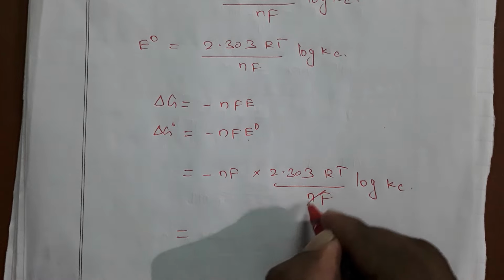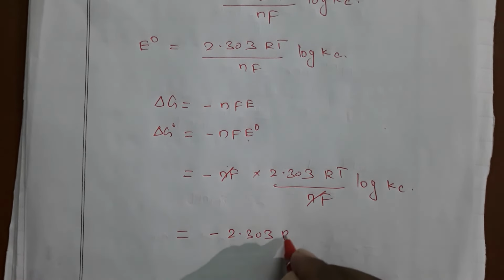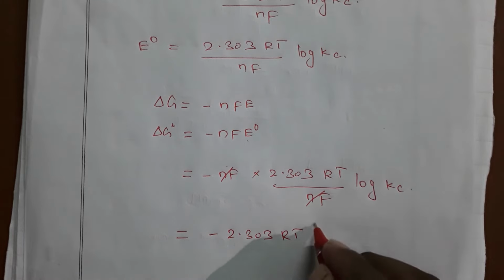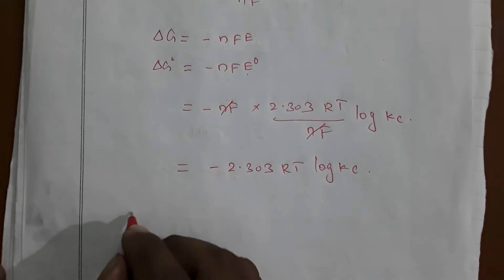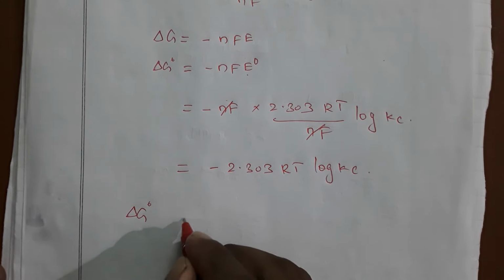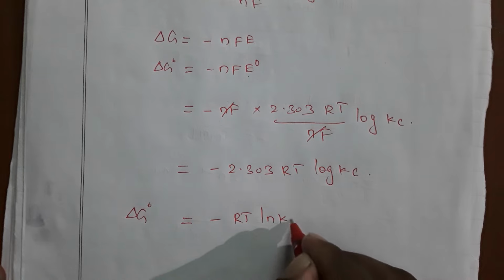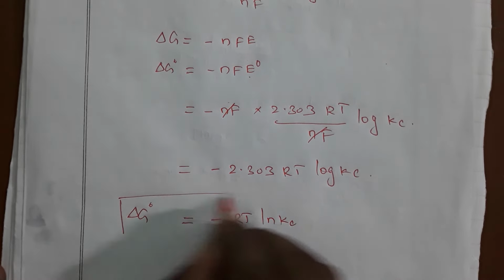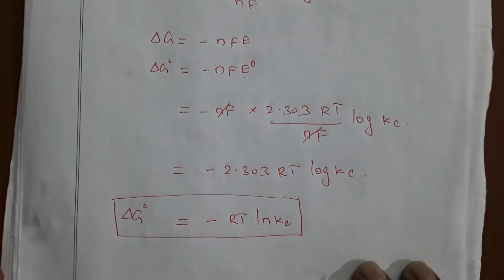The nF will cancel, giving minus 2.303 RT log Kc. We can write this in the general form as del G naught is equal to minus RT ln Kc. So from the electrode potential we derived del G as well as the equilibrium constant.